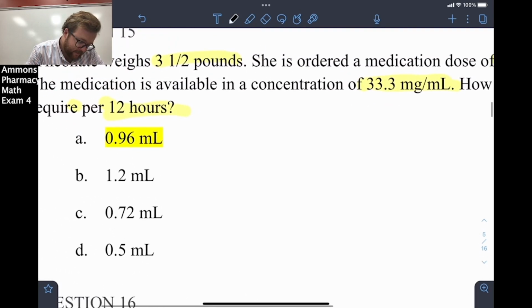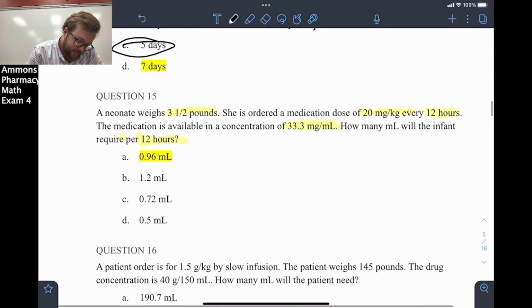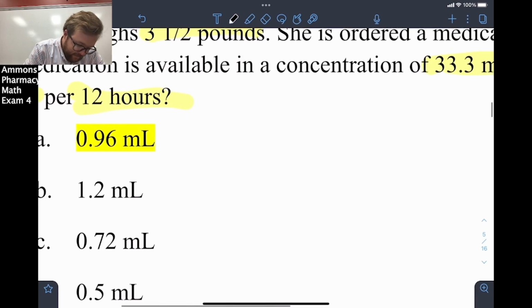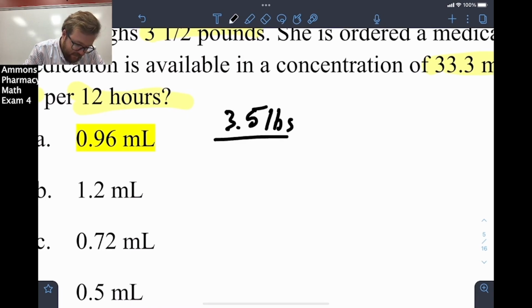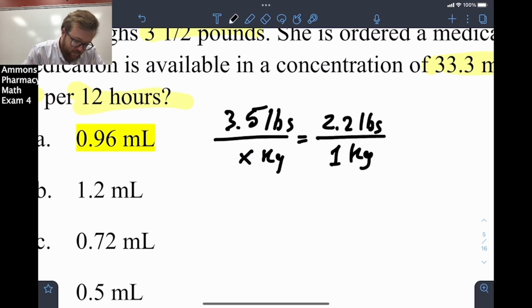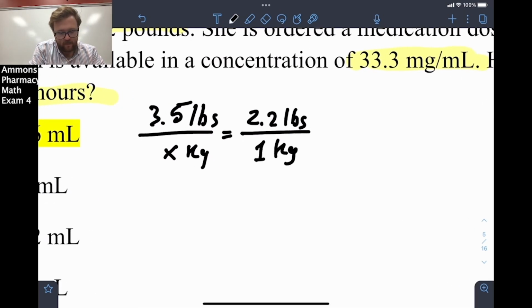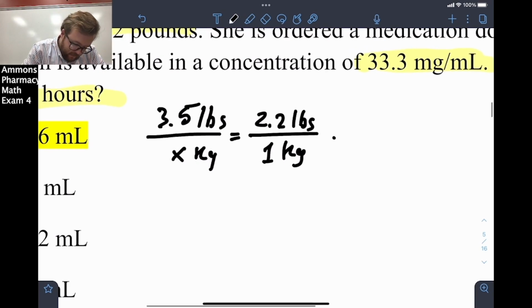So since it's weight-based, I'm going to go ahead and convert that because it's based on kilos. So it's 3.5 lbs, and that is 1.6 kilos.